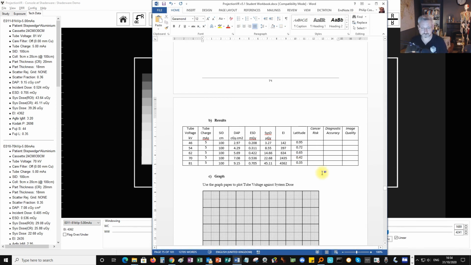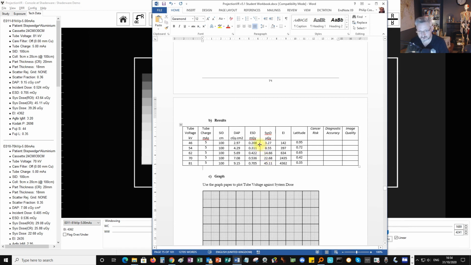Okay, so let's think about this now. You can see the system dose is pretty much doubling each time. So it's gone from 4 to 8 to 16 to maybe 30. It's not quite 30, and then 45. So we've got a near doubling each time with a system dose.